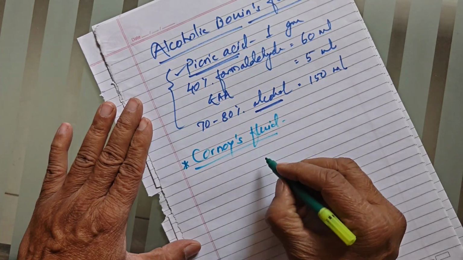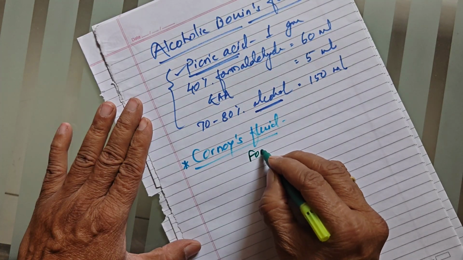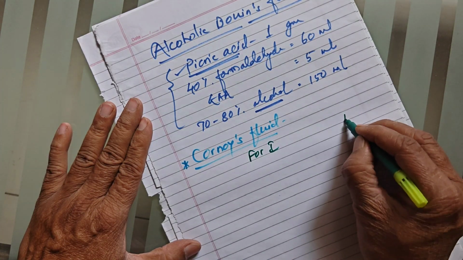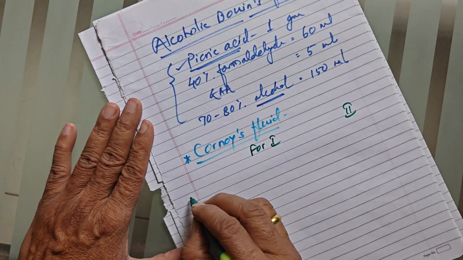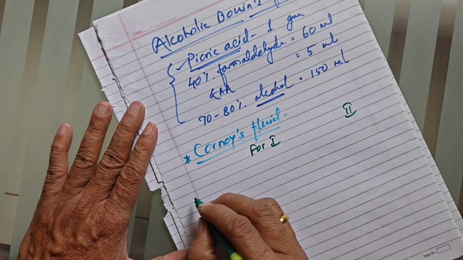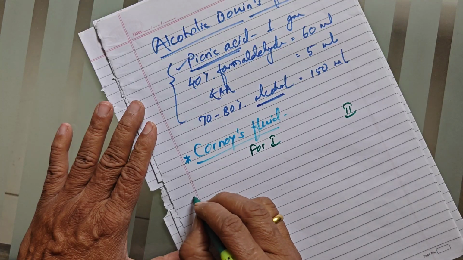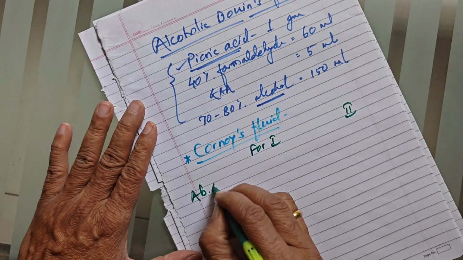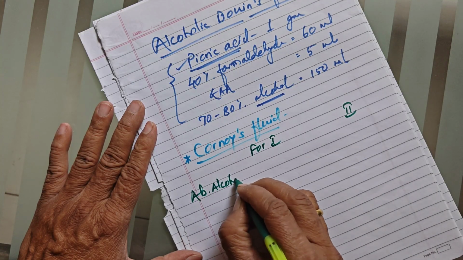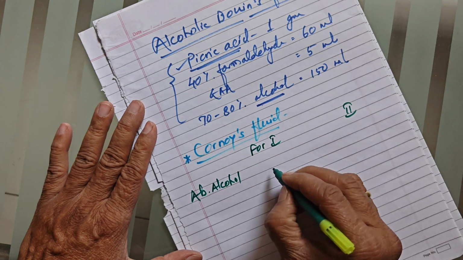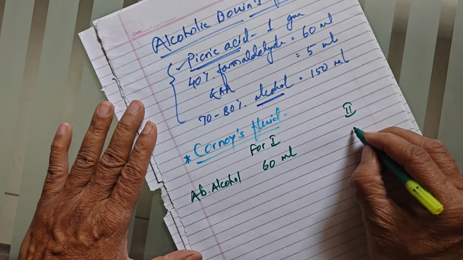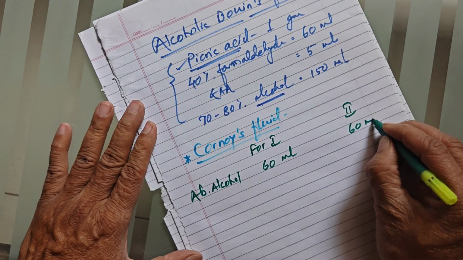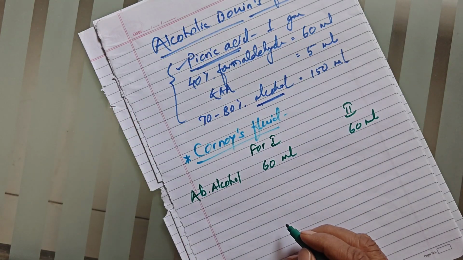There are two formulas, formula first and formula second. In both formulas we have to take absolute alcohol. This absolute alcohol is taken in a quantity of 60 ml, in both formula first and second.